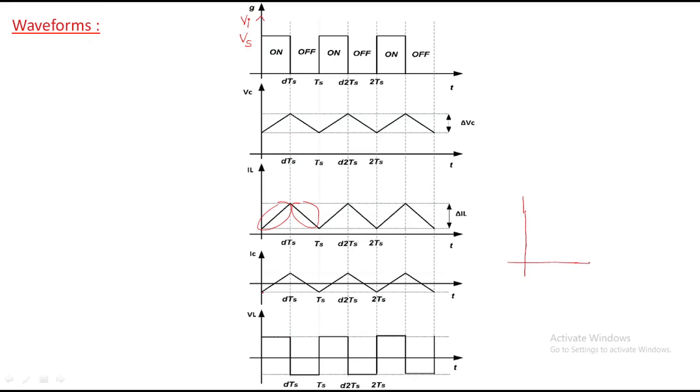We can write the output voltage like this, slightly increasing and decreasing. This is the on time period, and this is the off time. This is the output voltage of the DC-DC buck converter. In your examination you have to draw this.